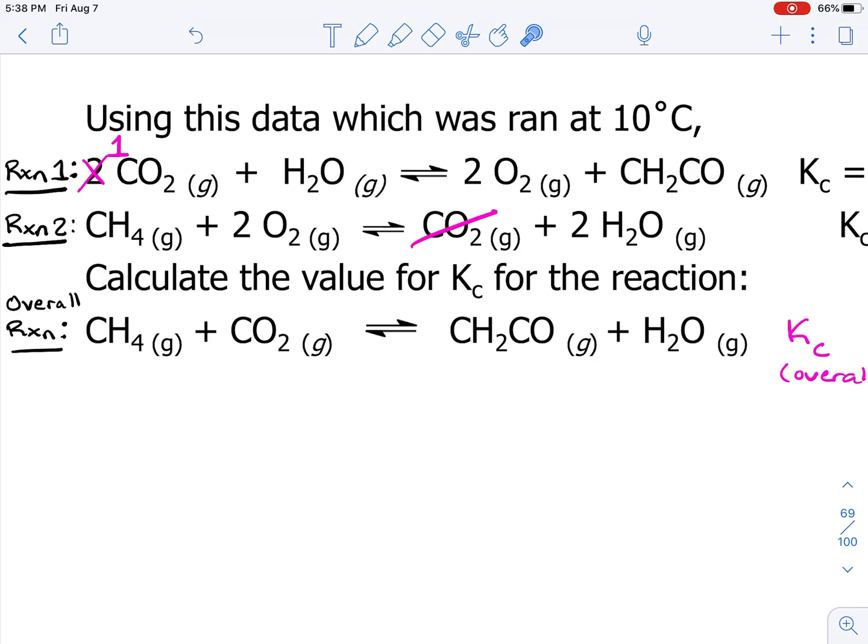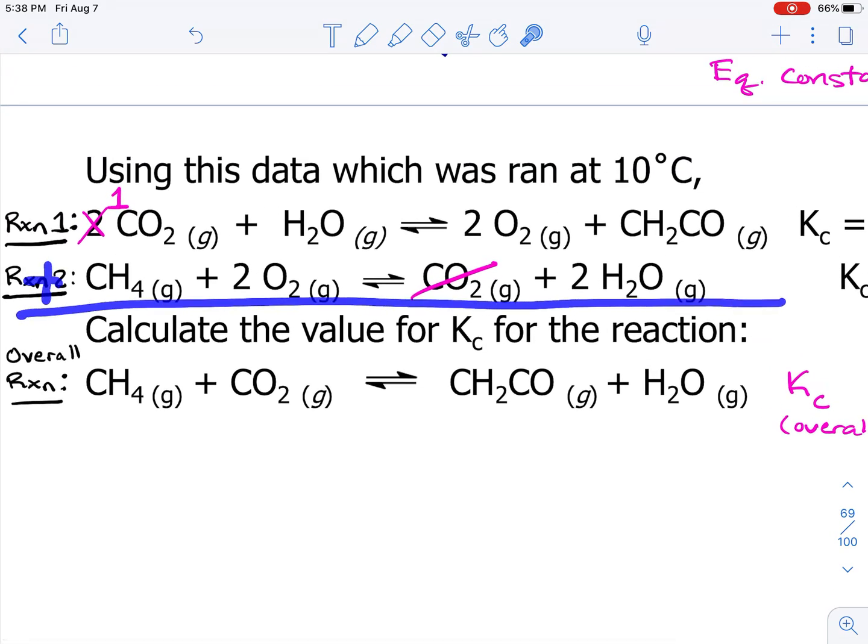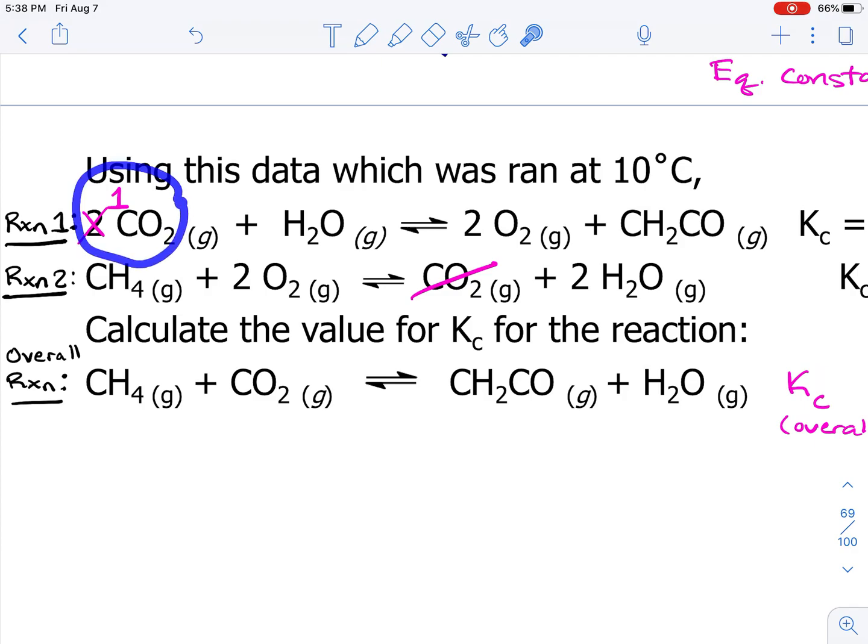It looks like the manipulation that I'm going to have to do is adding all of these individual chemical reactions. Now that we can preemptively see that this CO2 is going to be on the reactant or left-hand side when we add both of these equations, we're going to move on to the next substance.